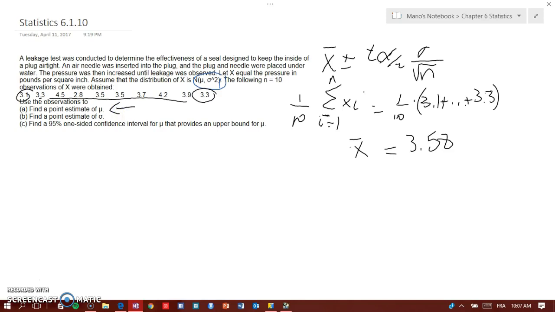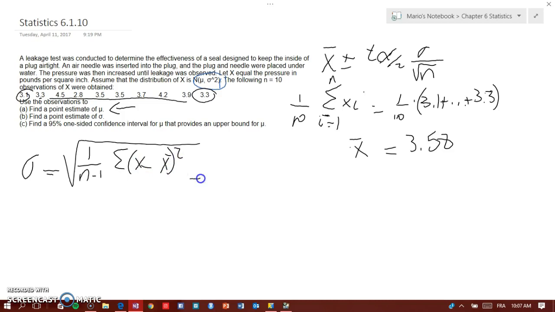Now part B, the point estimate for sigma. We know that sigma is equal to the square root of 1 over n minus 1 times the summation of x minus x bar squared.